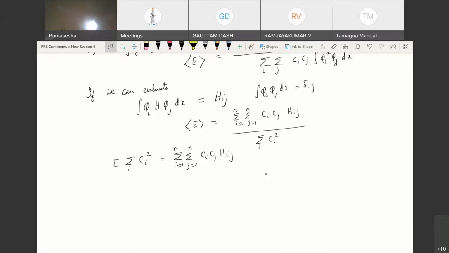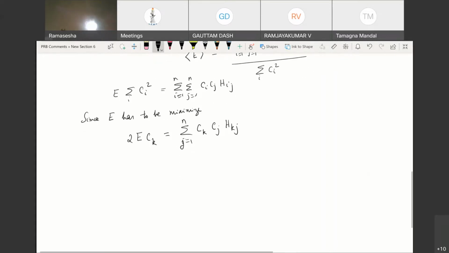Since E has to be minimized, in fact extremized, if I differentiate with respect to C_k, I get 2 E C_k is equal to the sum over j of C_j H_kj.